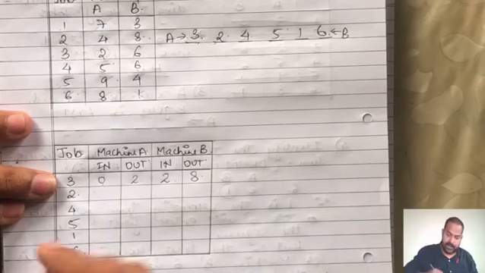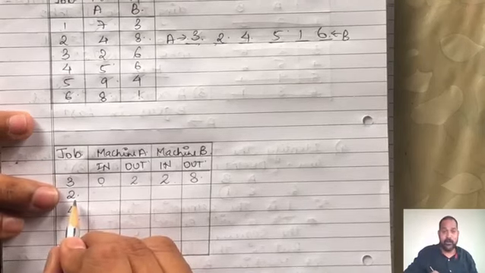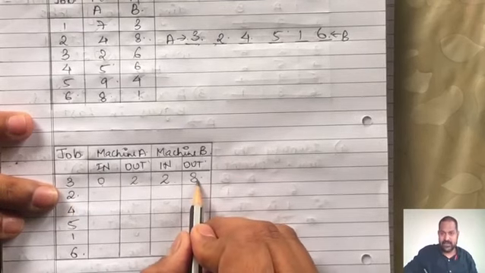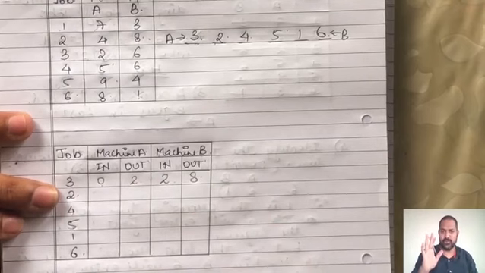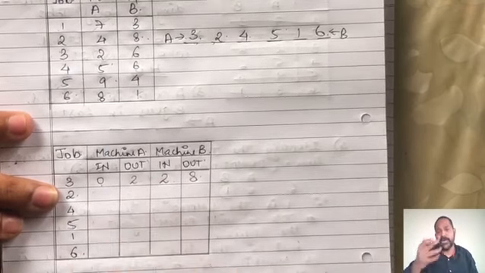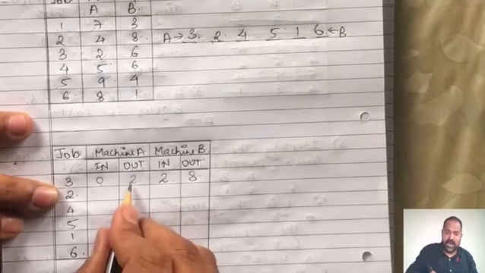Okay, let's come back to job 2. When will I pick up job 2? Well, job 3 got done at 8 hours. No. Job 3 got done at 8 hours, that I agree. But A was done in 2 hours. Then why do I need to consider 8 hours? A was done after 2 hours.